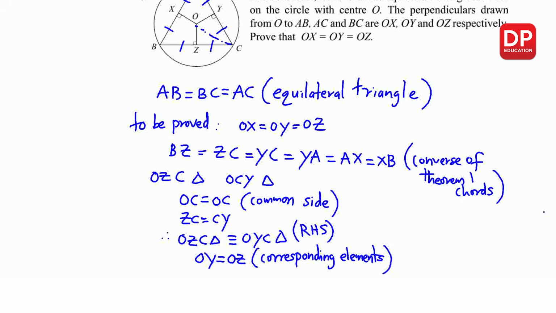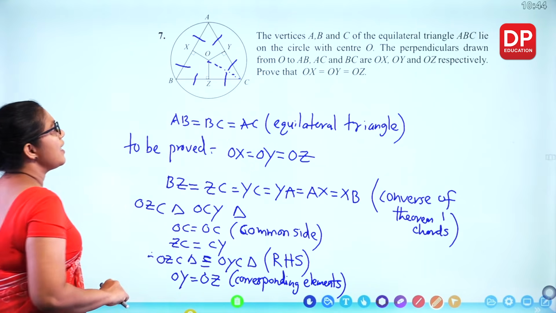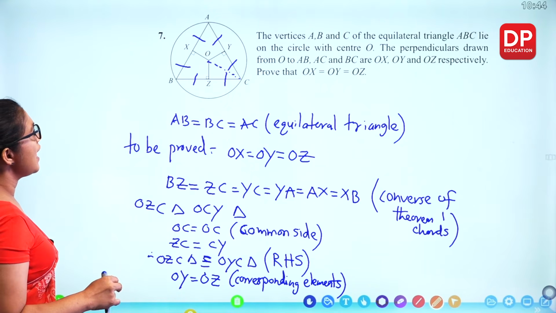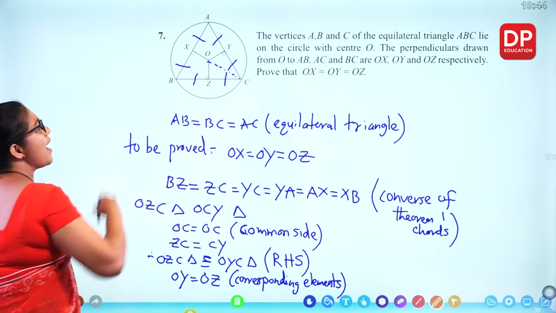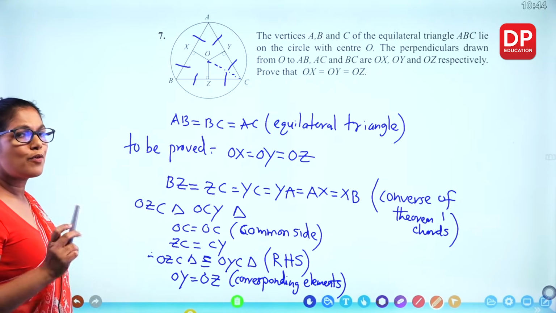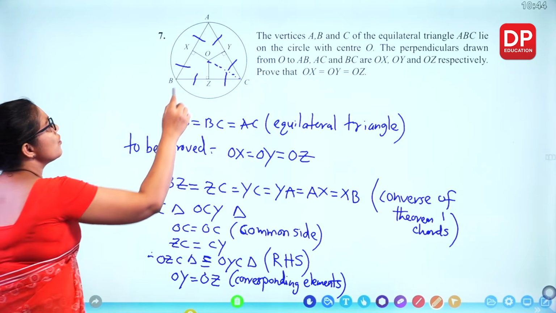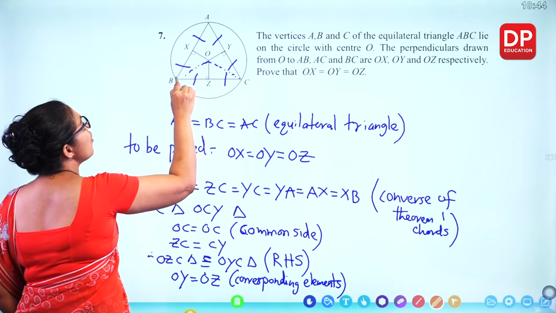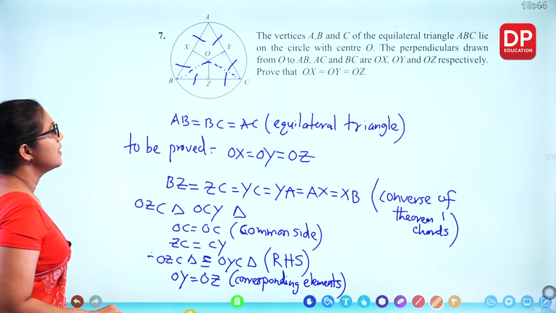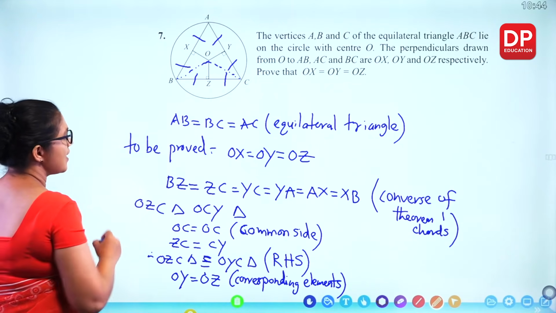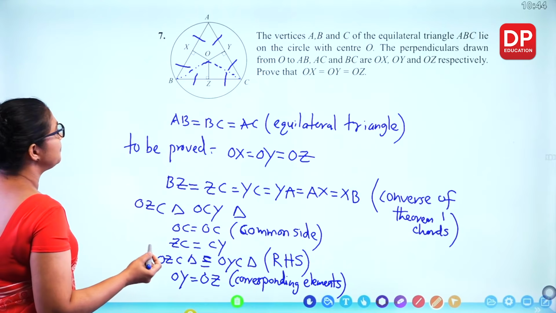Now here we found these two are equal. Now if you take the other way around, these two triangles, I can prove the same thing. So here if I draw this line, I can show that the two triangles are similar.